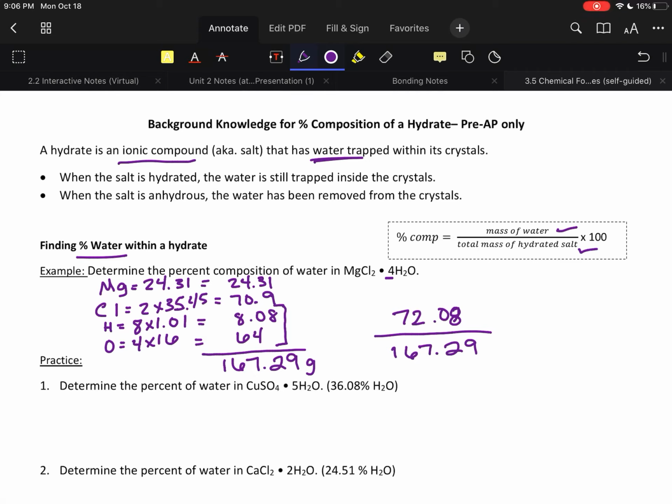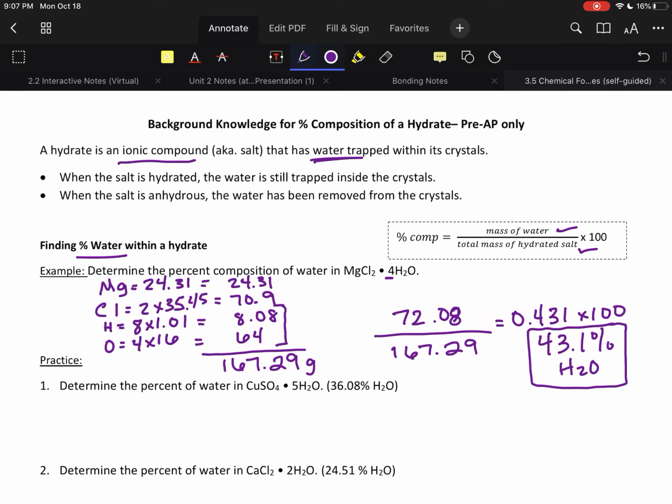So now, when I plug that in, I end up with 0.431. And then I know to get a percent, I have to multiply it by 100. So I end up with 43.1% H2O.